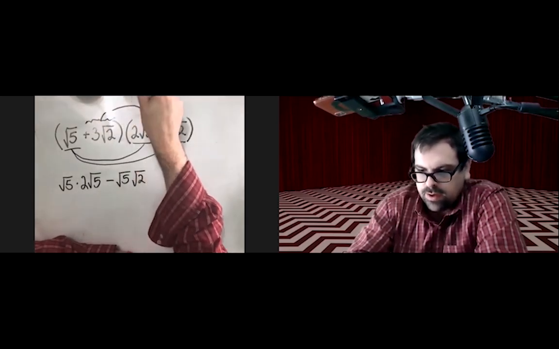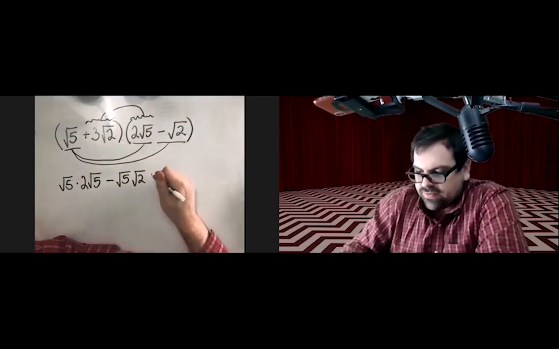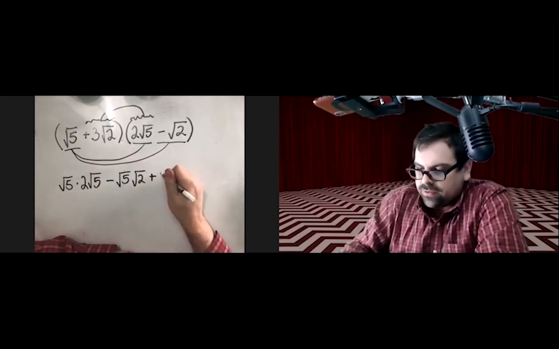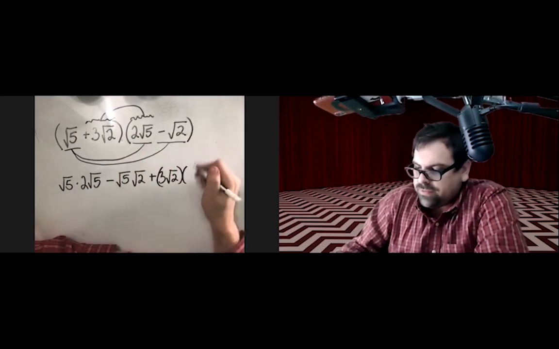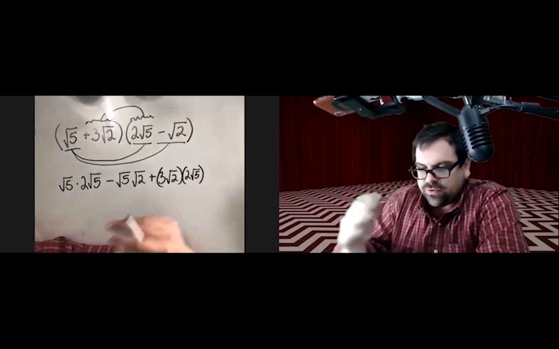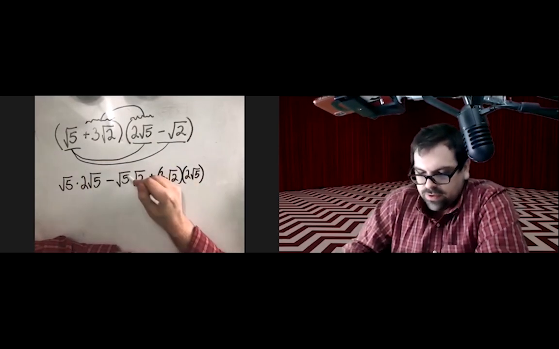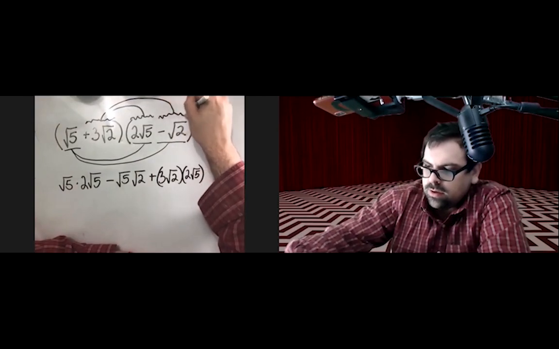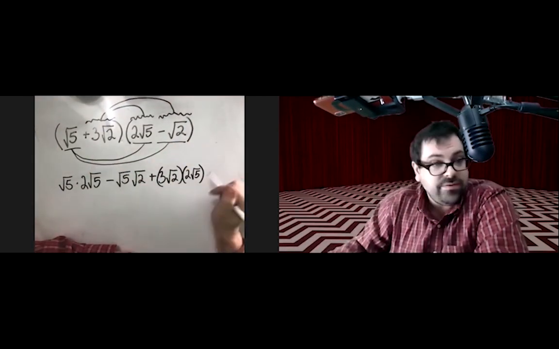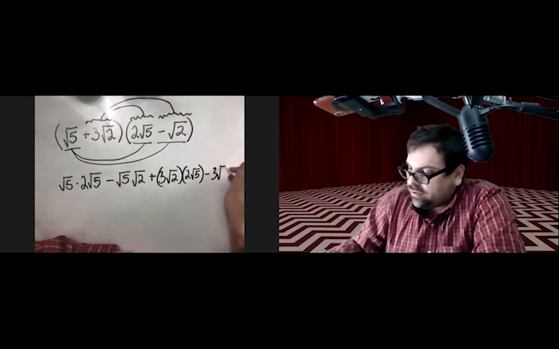Inner, positive times positive is positive 3 radical 2 times 2 radical 5. So I'm not actually doing any of it yet. I'm just setting up. First, outer, inner. Last, positive times negative is negative 3 radical 2 times radical 2.